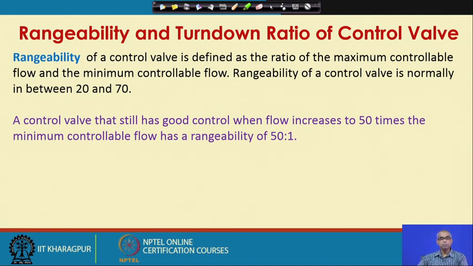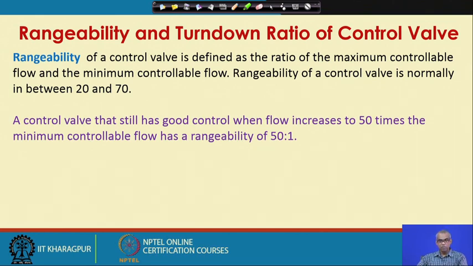By definition, rangeability of a control valve is the ratio of maximum controllable flow and the minimum controllable flow. So, rangeability is equal to maximum controllable flow divided by minimum controllable flow. A control valve that has a good control when the flow increases to 50 times the minimum controllable flow will have rangeability as 50:1.